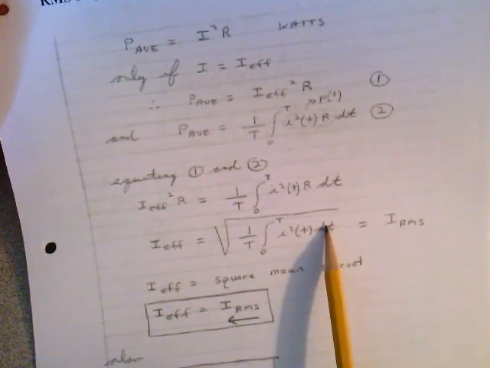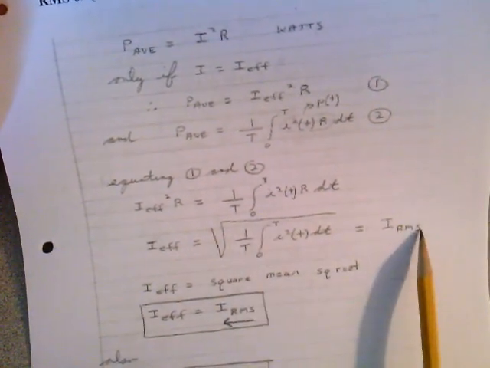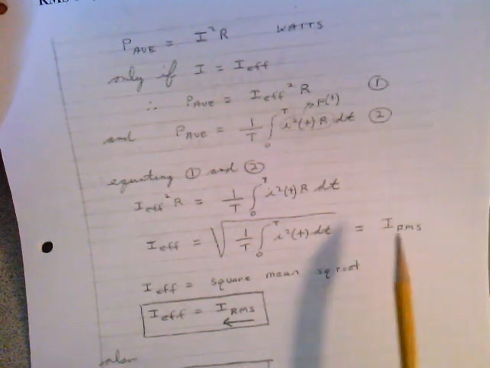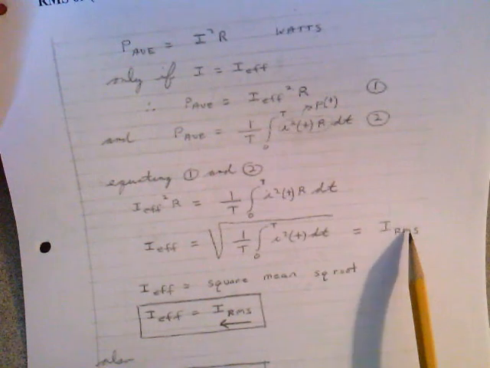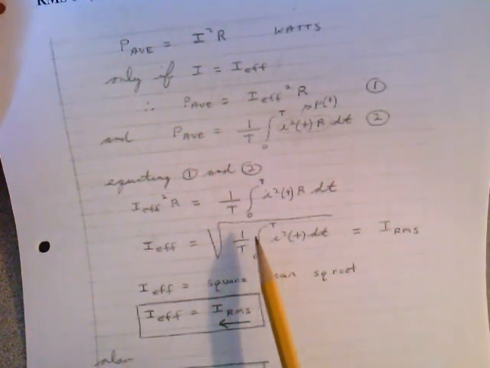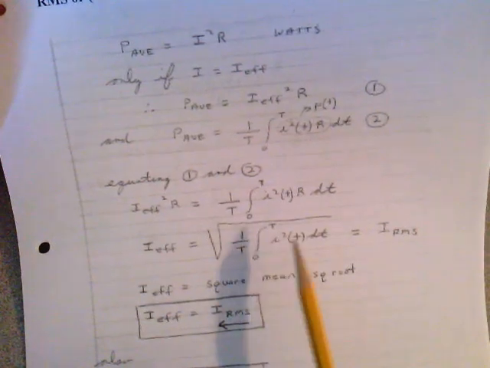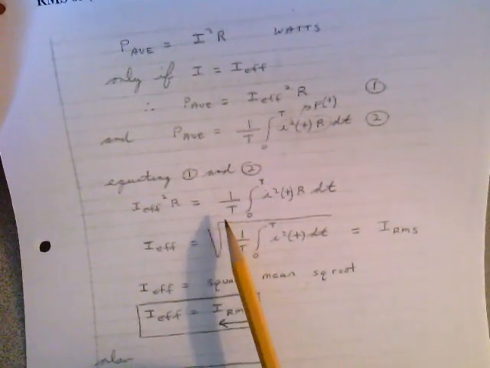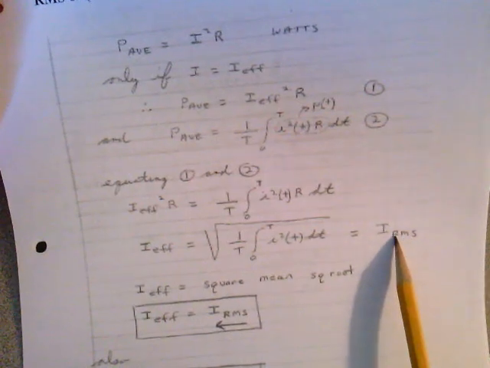Let me say that in reverse order. It's the square of the waveform, the average or the mean, integrated from 0 to T, 1 over T, that function squared, and then it's the square root of that. So RMS is square, mean, root in reverse order.